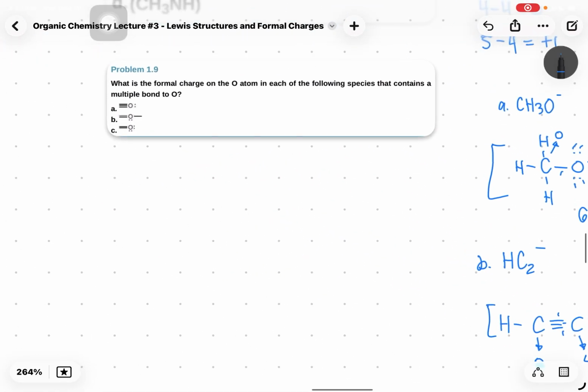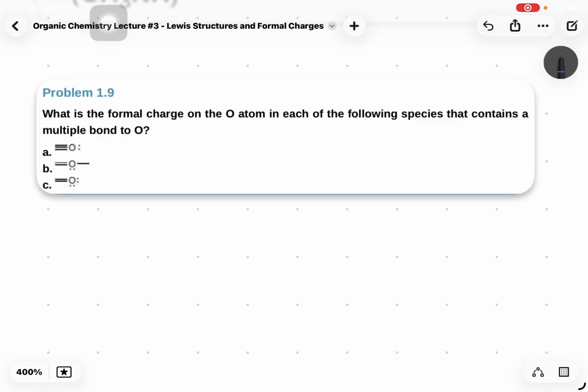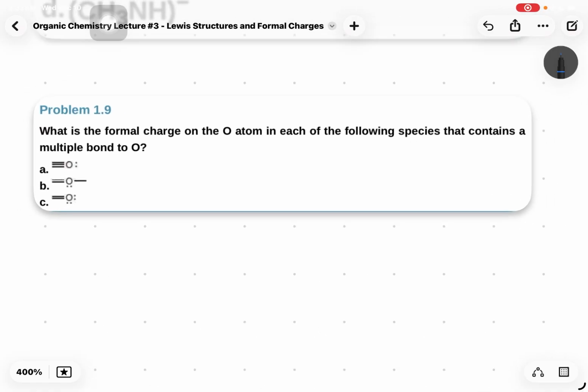So let's apply that to these last few questions. Now, what is the formal charge on the O atom in each of the following species that contains a multiple bond to O? For this, we have 2 dots and 3 lines around it. So that's 1, 2, 3, 4, 5. That's 6 minus 5. So that's a +1 charge.